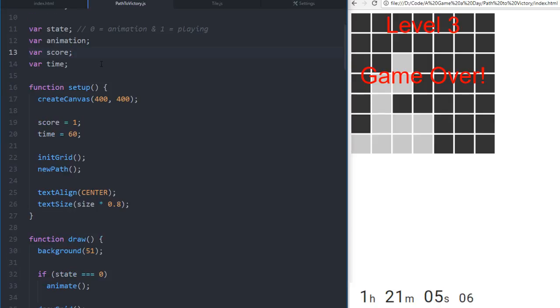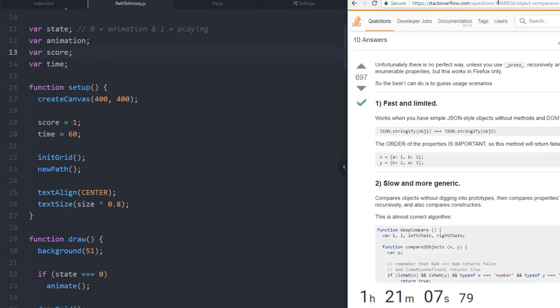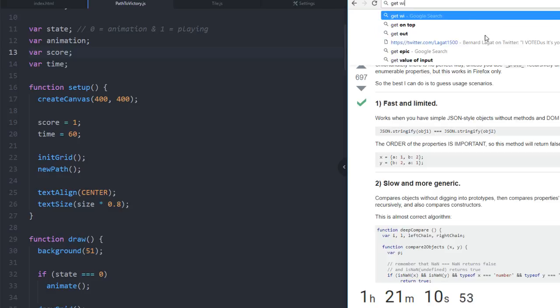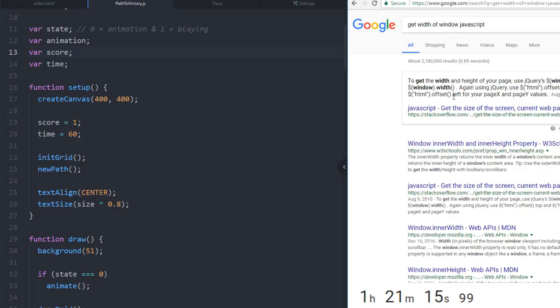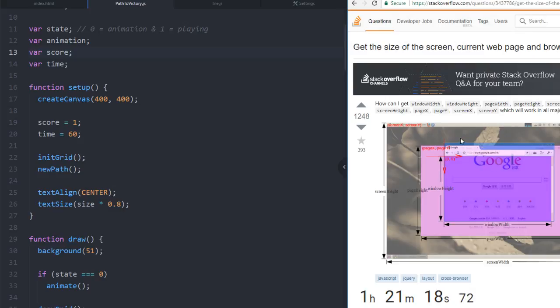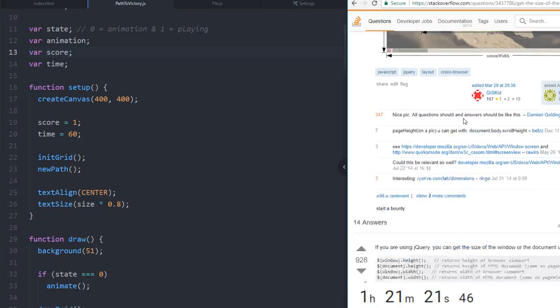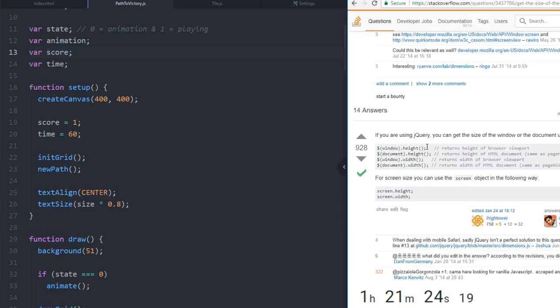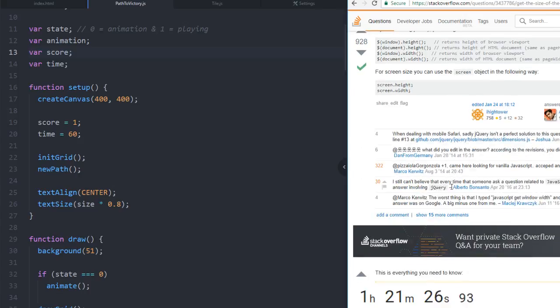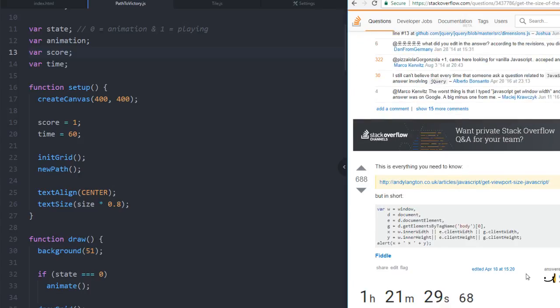If I want to make the canvas bigger, you know what? Let's just say, get width of window JavaScript. Okay, let's try this. Var w equals window.innerWidth, window.innerHeight.